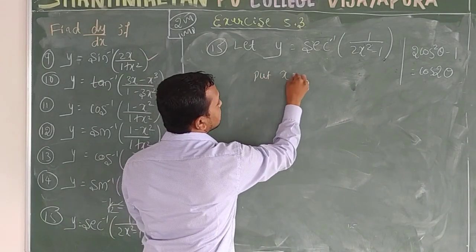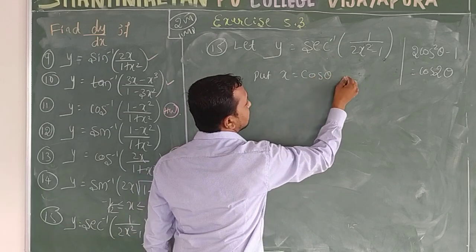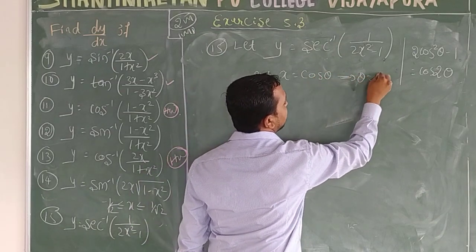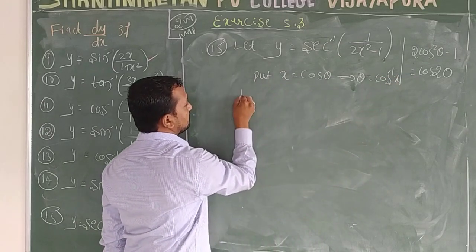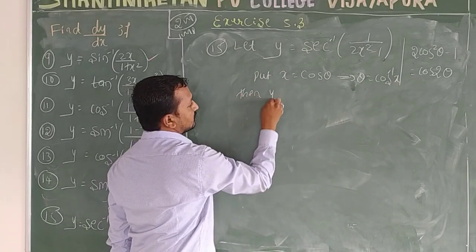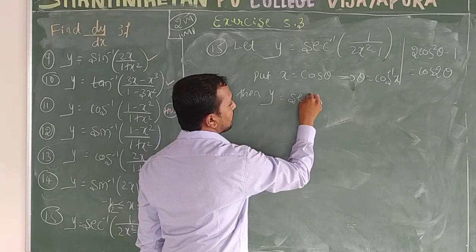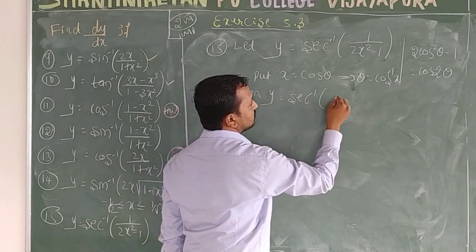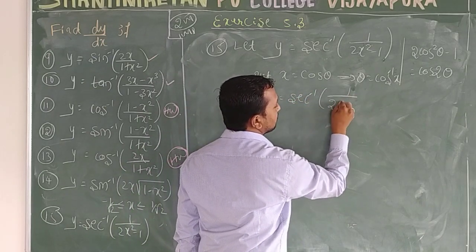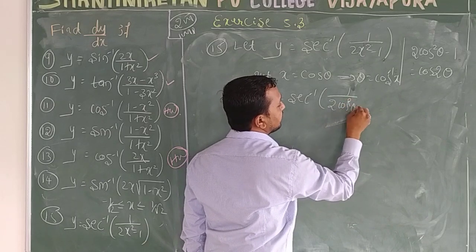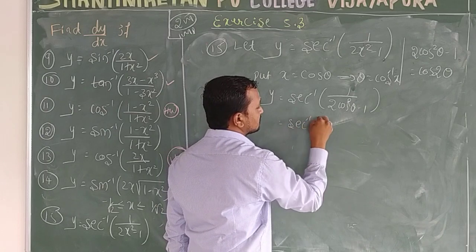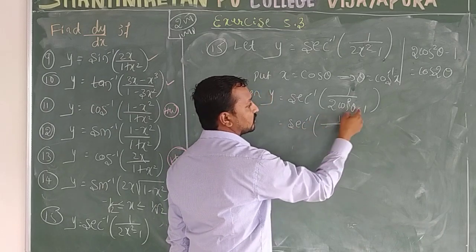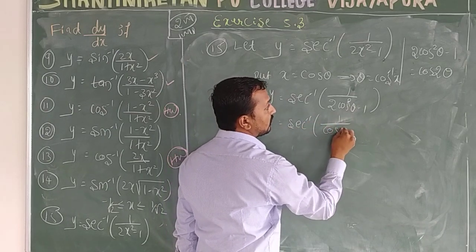So here put x equal to cos theta. This implies that theta is cos inverse of x. Then y equals sec inverse of 1 divided by 2 cos square theta minus 1, and 2 cos square theta minus 1 is cos 2 theta.